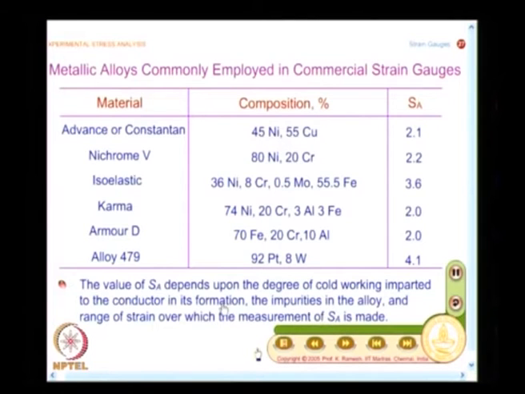So, the strain sensitivity is a function of cold working and impurities, which is advantageously used later when you want to develop self temperature compensated gauges. You play with these two parameters and modify your strain gauge properties, so that self temperature compensation is possible.